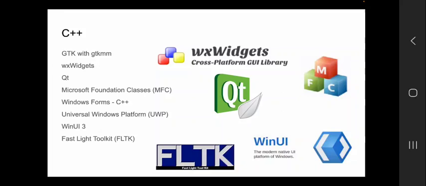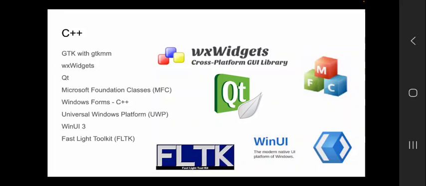So it is also a cross-platform GUI library and framework. You can also develop other applications using Qt, so you don't necessarily need to develop a GUI. It has a very versatile library framework for various other application types as well.